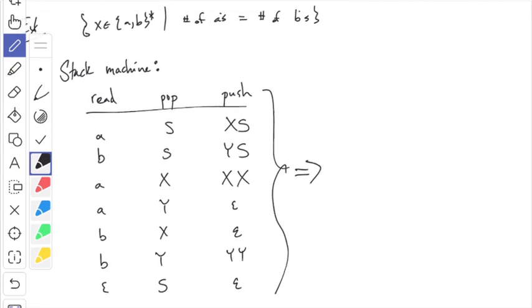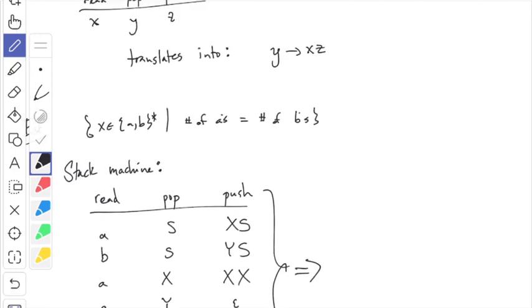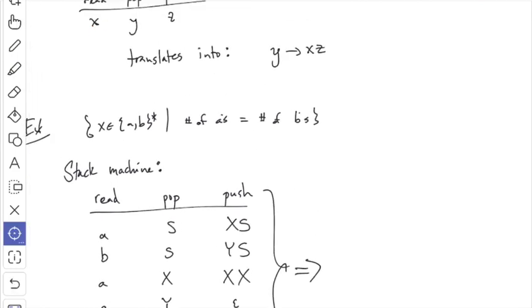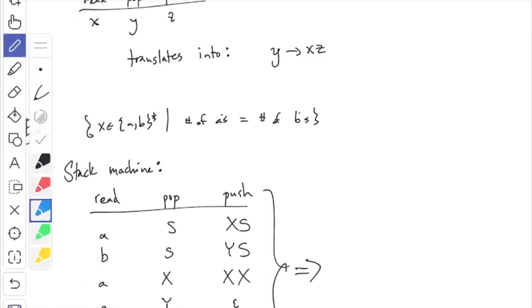Remember, when you see X, Y, Z, you go Y goes to XZ. So this one goes S goes to AXS. This is kind of weird, but it works. The next one will say S goes to BYS.